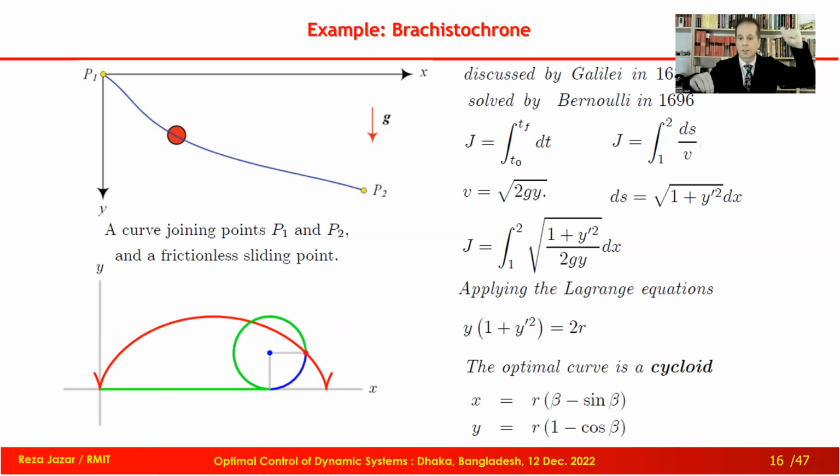It is just solid, so the path of motion is fixed. Now a bead, frictionless, slides on that curve and goes from P1 to P2. What shape of this curve has minimum time of travel? That was the problem that Bernoulli started.